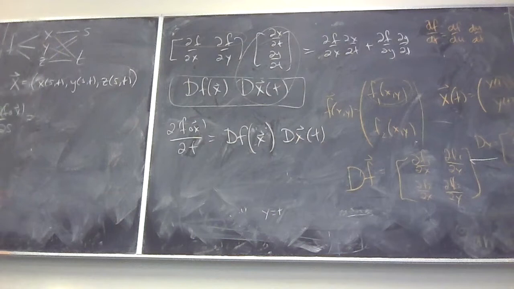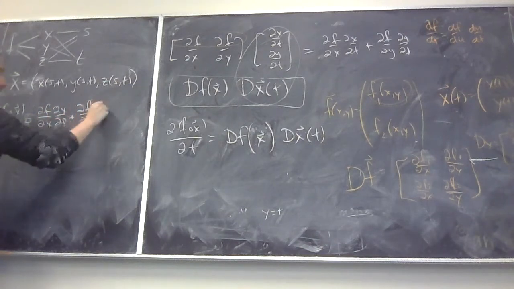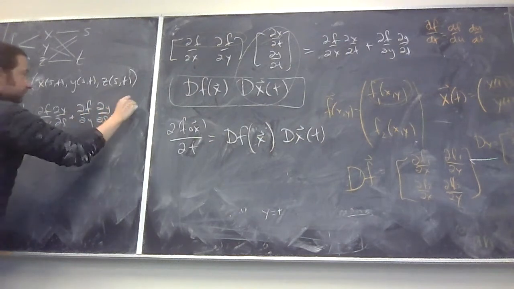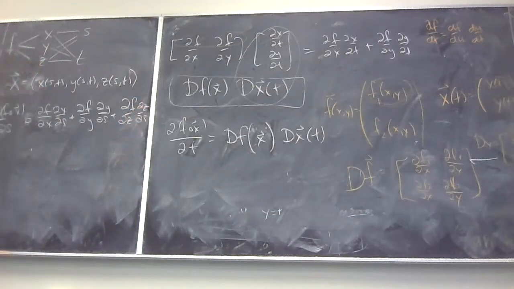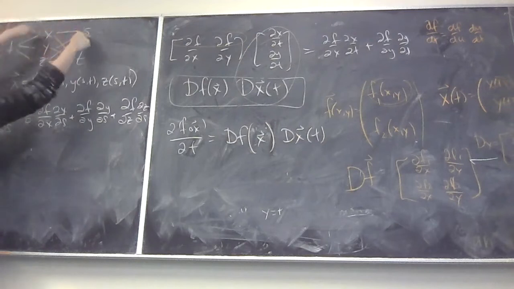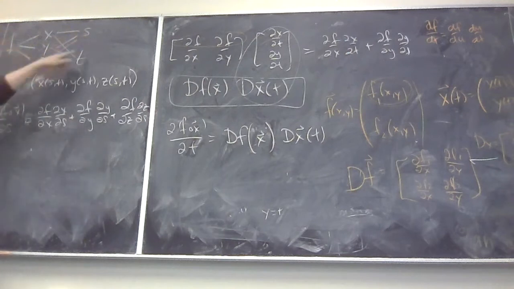So hopefully you'll believe me, instead of belaboring this, if I write down that what this picture would tell you is that the partial of this composition with respect to s should be df dx, dx ds, plus df dy, dy ds, plus df dz, dz ds. Those are all the things that moving s changes that affect f.